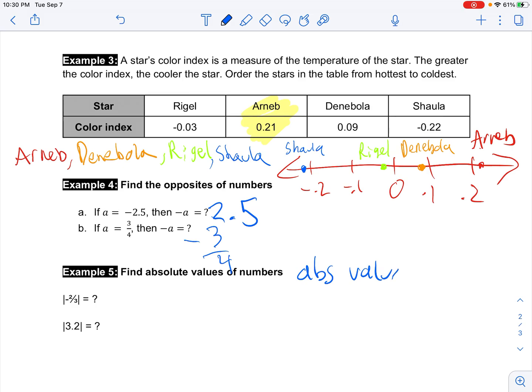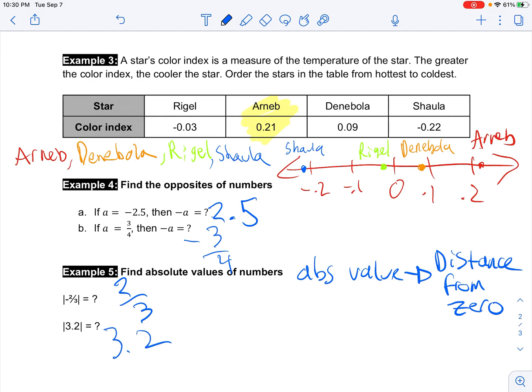Absolute value really just means distance from 0. How far away is negative 2/3 from 0? It's 2/3. How far away is 3.2 from 0? It's 3.2.